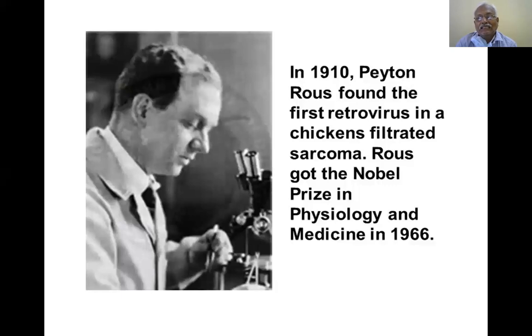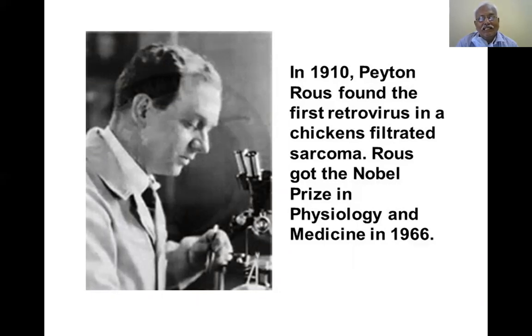So from this sac, they extracted the filtrate, and he infiltrated that chicken's sarcoma, and he got the Nobel Prize for Physiology and Medicine in 1966. So some 56 years after the invention, he was declared eligible to get the Nobel Prize.